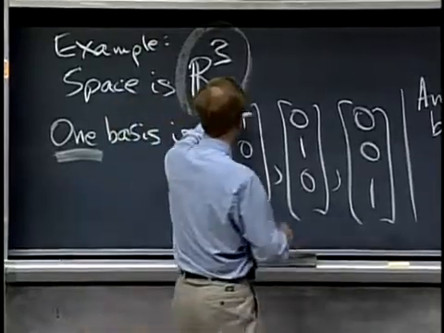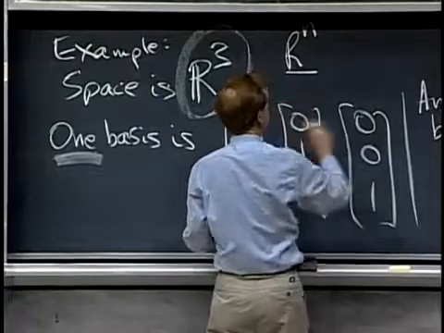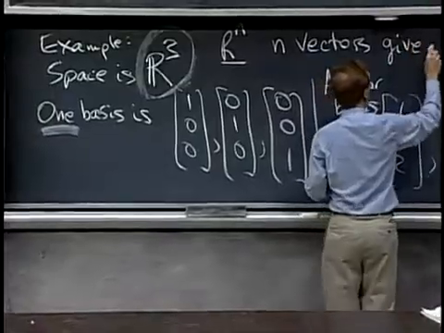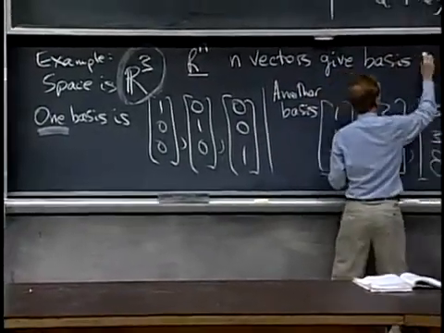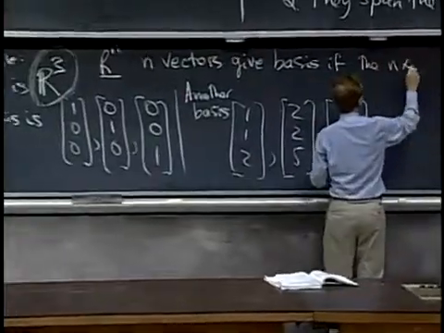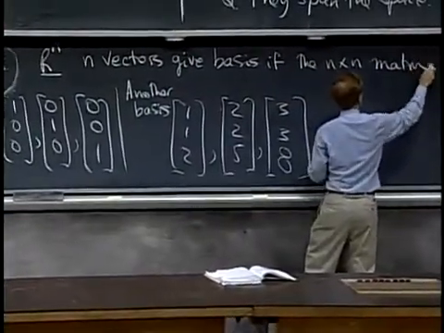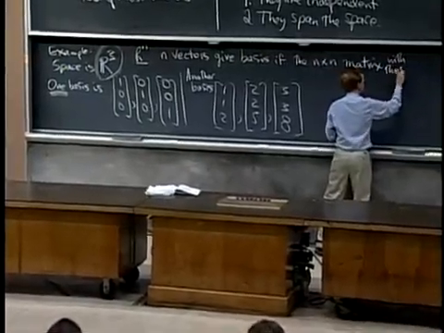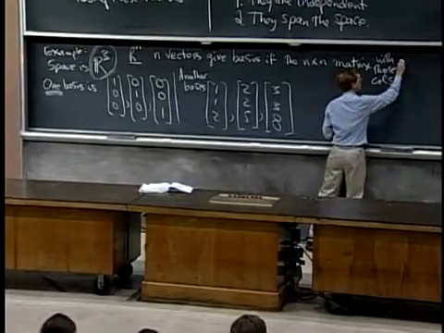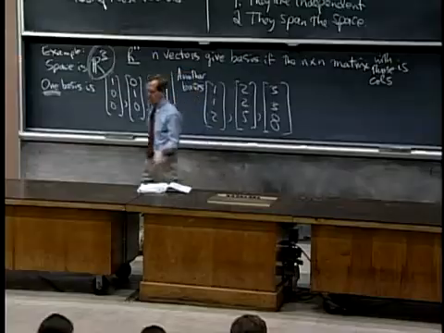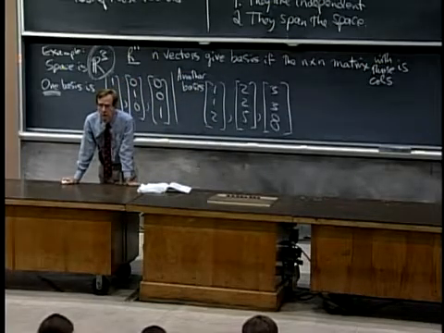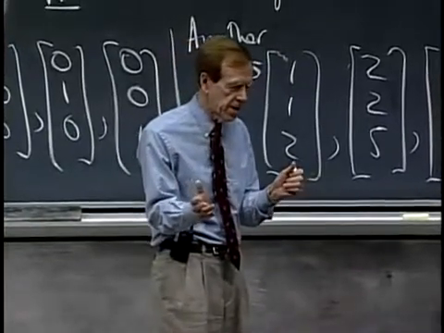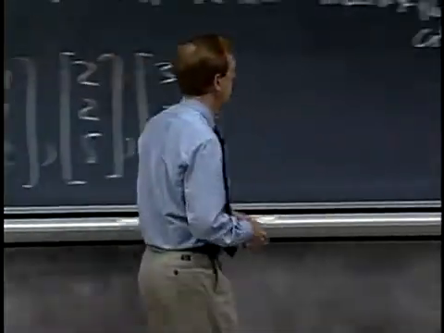So for Rn, if I have n vectors that give a basis, the n by n matrix with those columns is what? What's the requirement on that matrix? Invertible. Right. The matrix should be invertible. For a square matrix, that's the perfect answer, invertible.